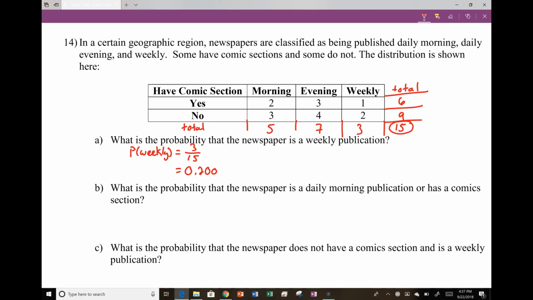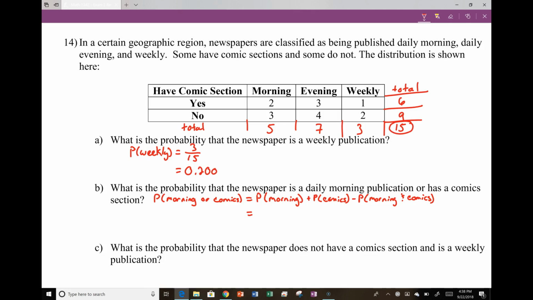What is the probability that the newspaper is a daily morning or has comics? So probability that it's a morning or has comics. Well, notice that I can be morning and have comics at the same time. So that means I'm going to end up having to subtract out that overlap. So we want the probability of being morning plus the probability of having comics minus the probability of being morning and comics.